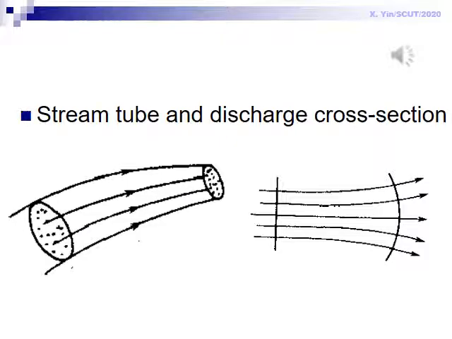Next concepts are stream tube and discharge cross-section. As in the picture on the left, take a closed line in flow field. Then all streamlines from all points of the closed line make up a zone of tube shape. That is a stream tube.